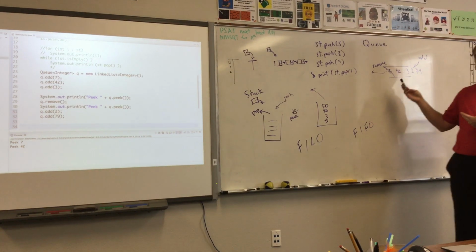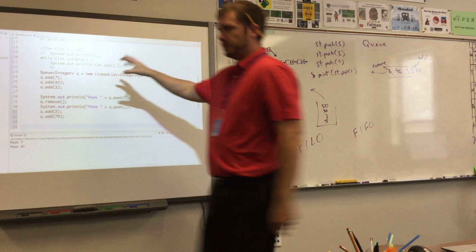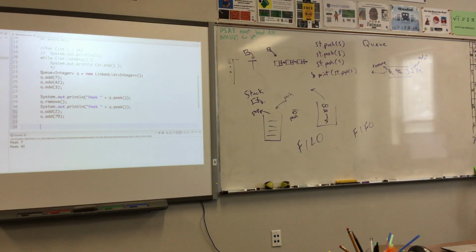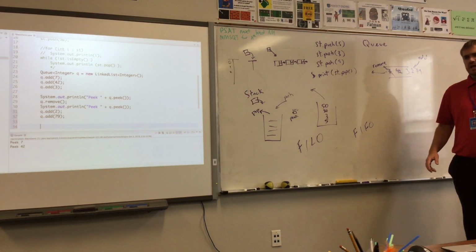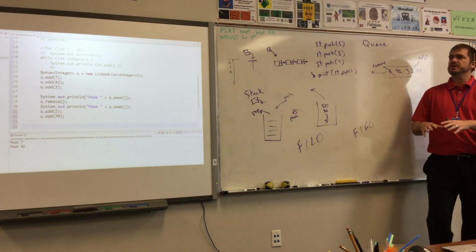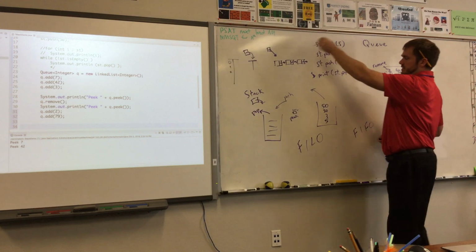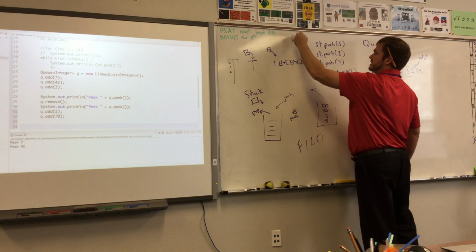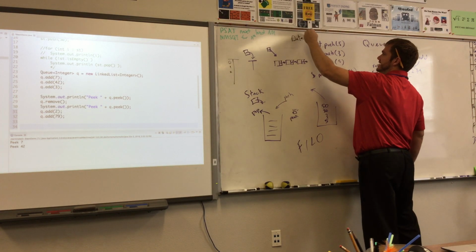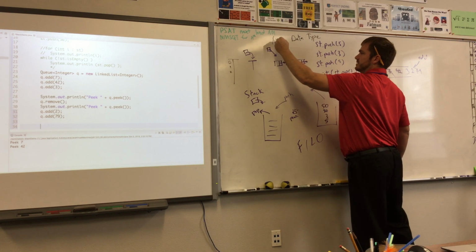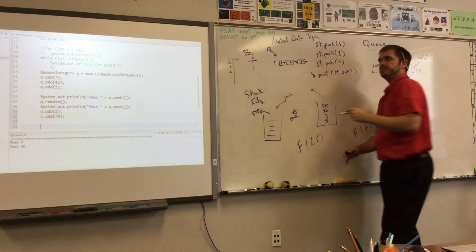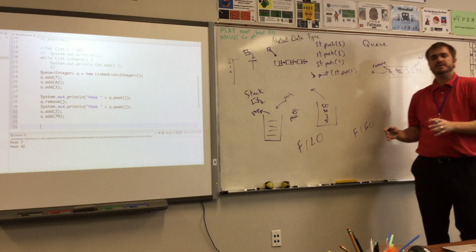These are data types that Java has already coded. When I was in college, which is when I first started learning about these, that's kind of cool that you get to learn about them in high school. Even in that other book, they talk about not just the data type, but the ideal or abstract data type: in a perfect world, what would this data type do and not do.